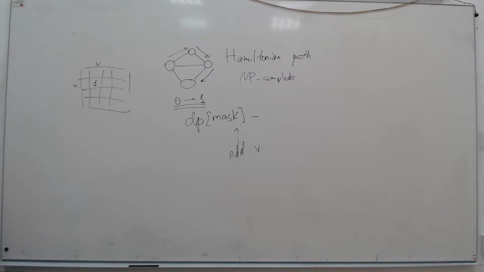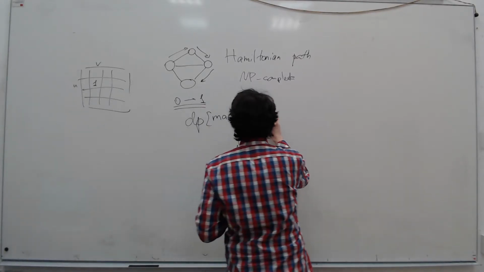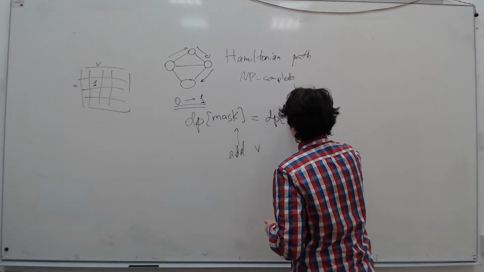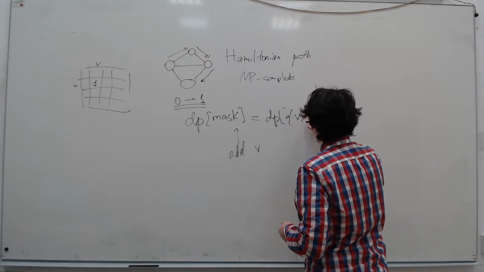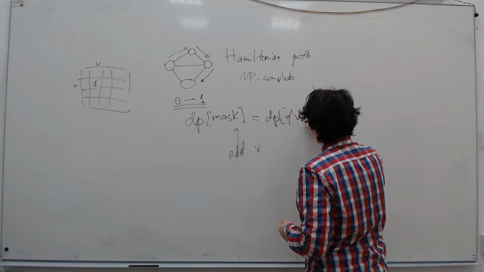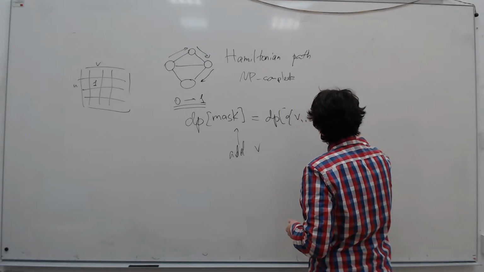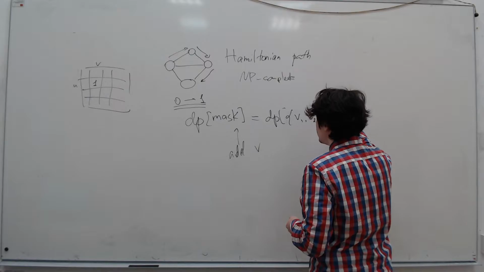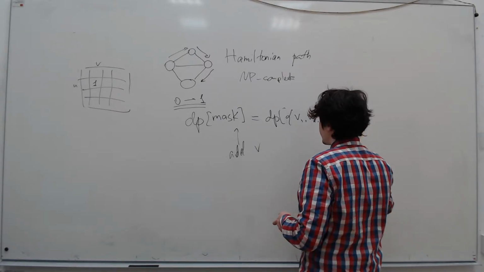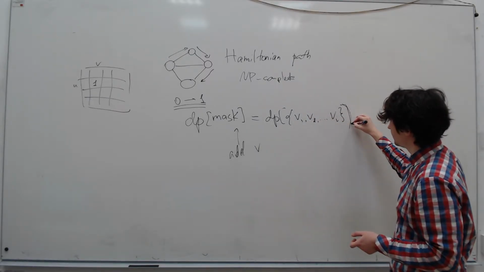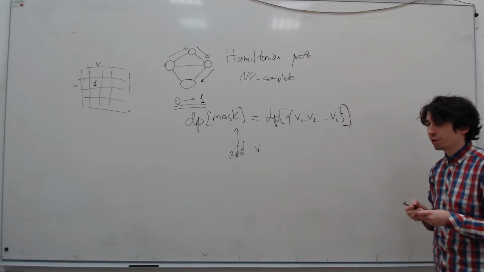So dp mask, this means it is dp of some vertices, right? v1, v2, vi, something like that. So it is dp of some subset of vertices.